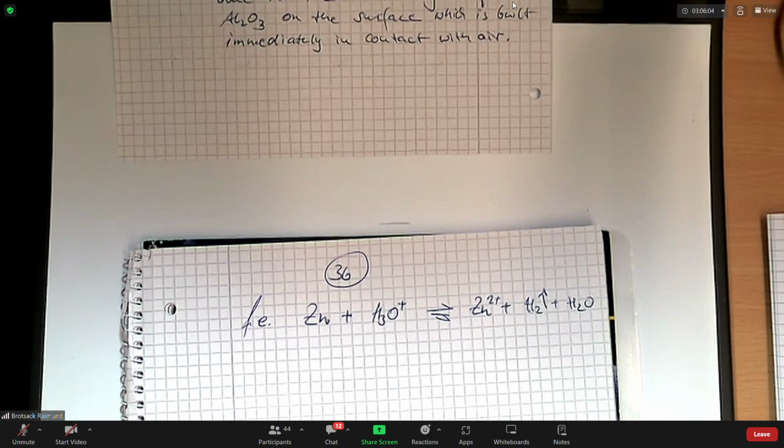For the aluminium, we will expect that as well, but it is very stable. So for aluminium, it is quite stable. First, you have to destroy the layer of aluminium oxide, and then it's oxidized.